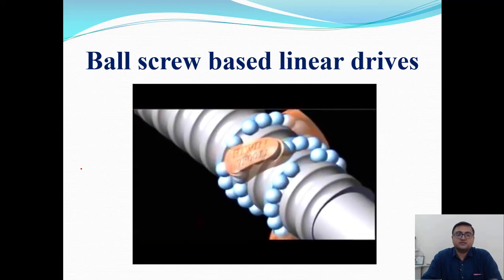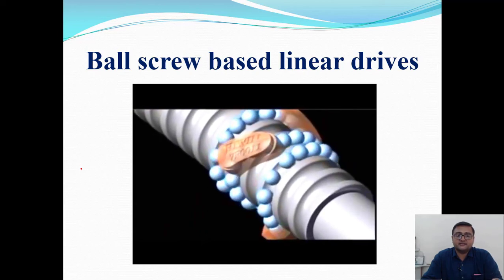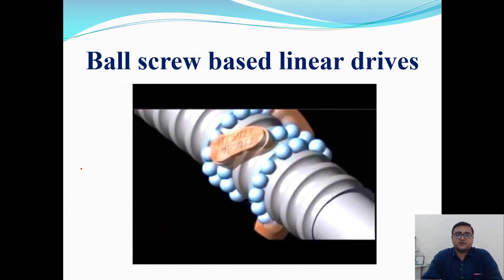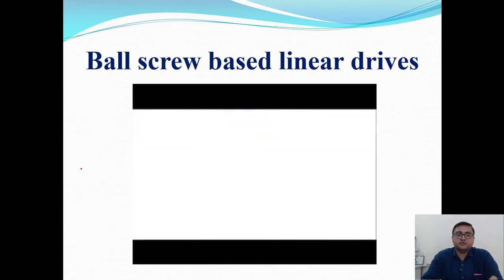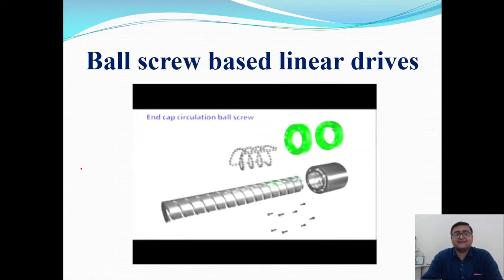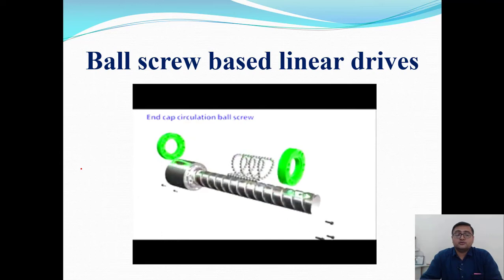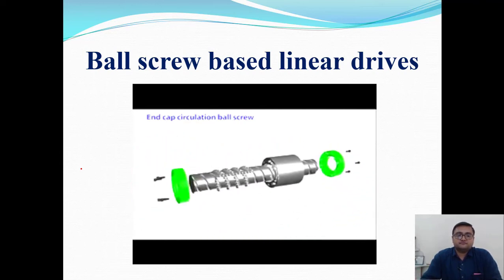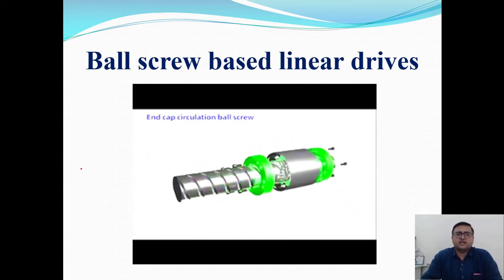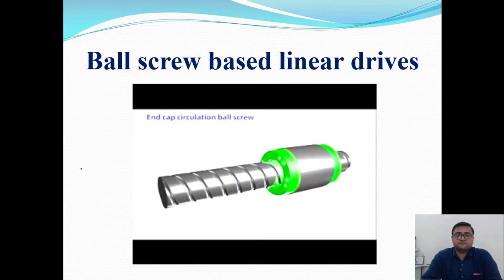Here you can check it out. The internal space is provided to change the position of the ball. And the third one is the end cap circulation screw. There are two end caps provided through which the reverse motion of the ball can be generated. So these are the basic three types of ball screw mechanism.